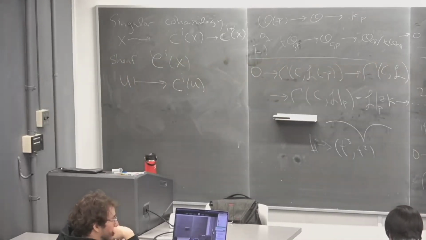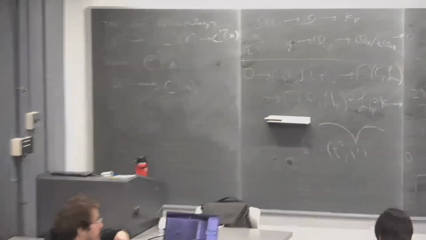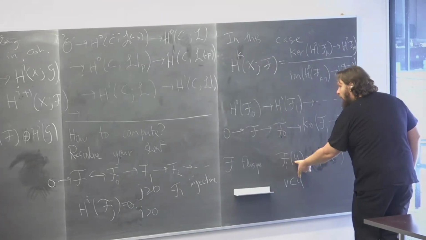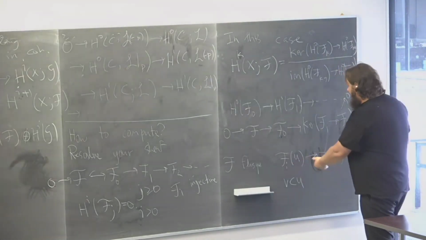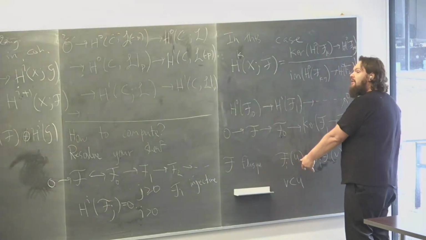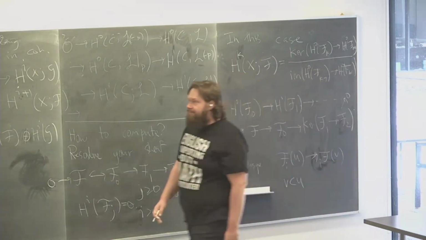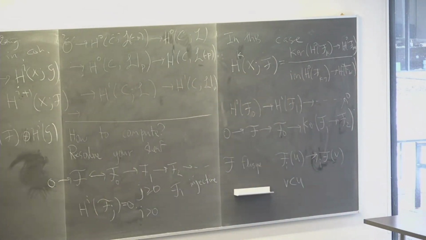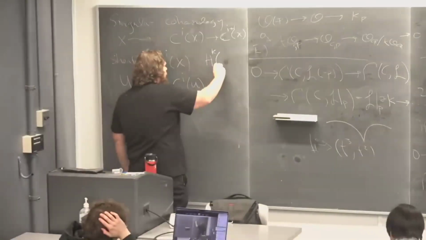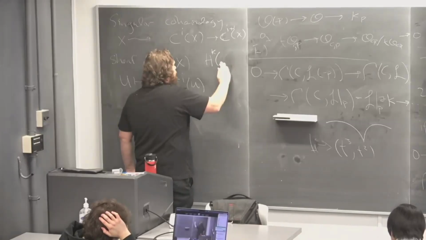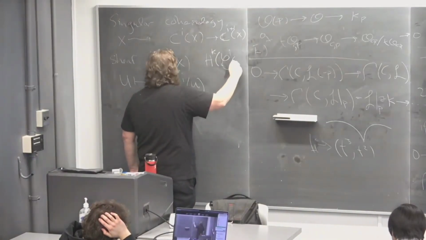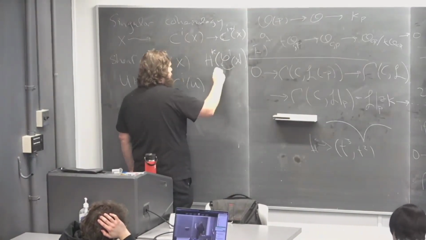This sheaf has this flask property. Whenever I have a singular cochain on V, I can always extend that to U. I could extend it to U by just taking 0 on everything in U that wasn't in V. So the higher cohomology of this sheaf of cochains vanishes.